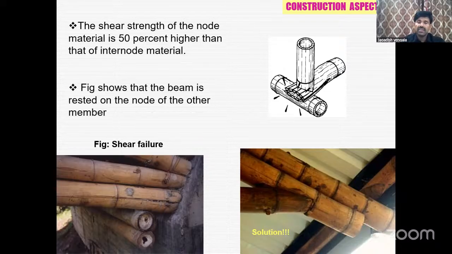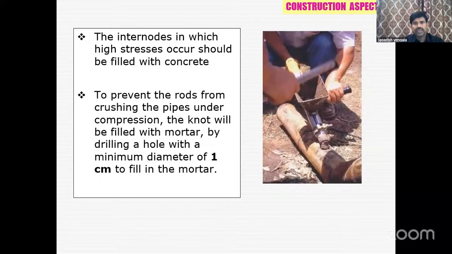Otherwise, if you are landing it on a hollow portion, make sure this particular hollow portion is made solid, only that small portion wherever you are landing. Hence, it can easily transfer the load. This is how you can prevent the crushing, by making a hole and inserting a small amount of cement mortar to make it solid.